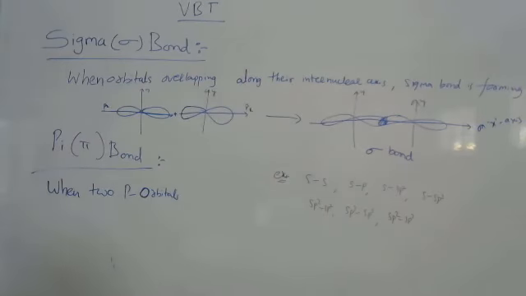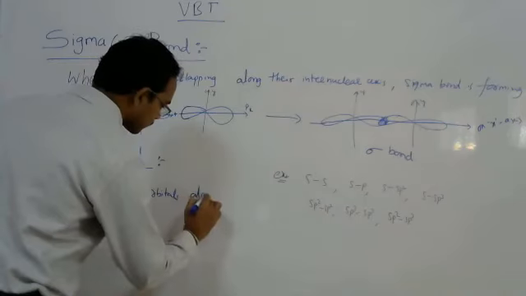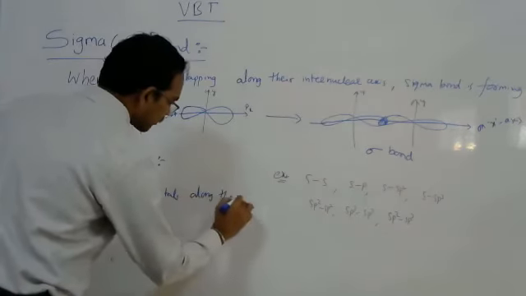P orbitals only forming when two p orbitals along the lateral axis or sideway.